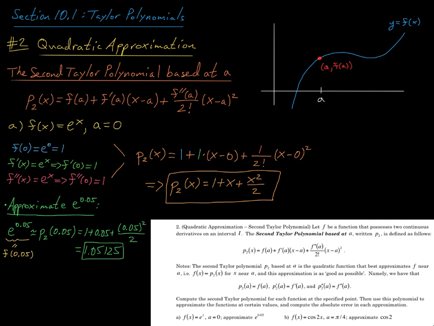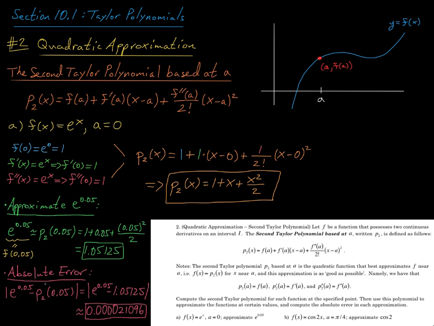Now if I look at the absolute error in this approximation, that's the difference between the exact value, e to the 0.05, and our approximation. That absolute error here is quite small. It's 0 point, then 4 zeros, then 2 1s, 096, and so on.